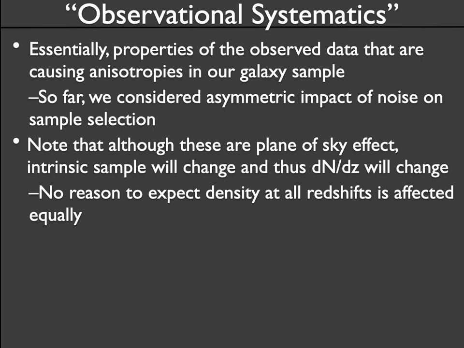But one thing to note, I kind of discussed in the EBOSS case, even though these will all be plane of sky effects, these will couple to the radial distribution, because there's no reason to expect that the change in the number of galaxies that we observe with these fluctuations to be even with redshift.